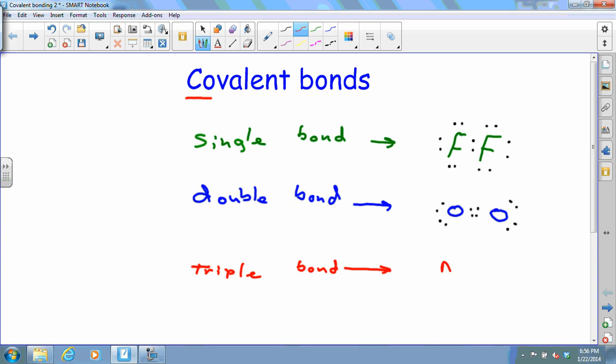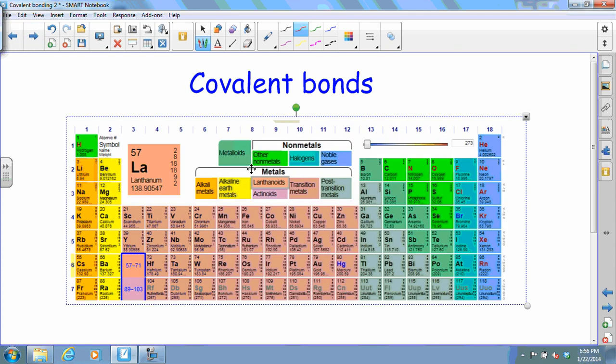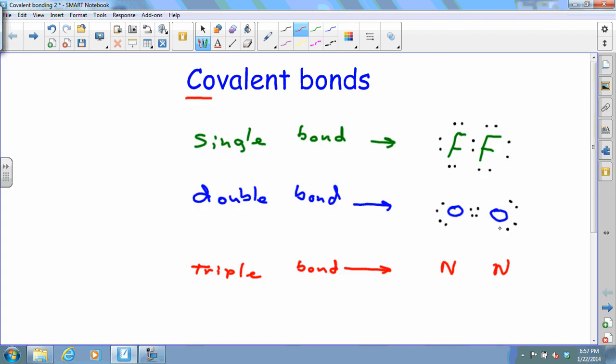We'll have a nitrogen here and a nitrogen here. If you go look at the periodic table on the next page, we have nitrogen 8, 7, 6, 5. So there are 5 electrons in the outermost shell. So let's go, and I'm going to do it kind of weird here. I'm going to do 1, 2, 3, and then we'll put 2 back here, 4, 5.